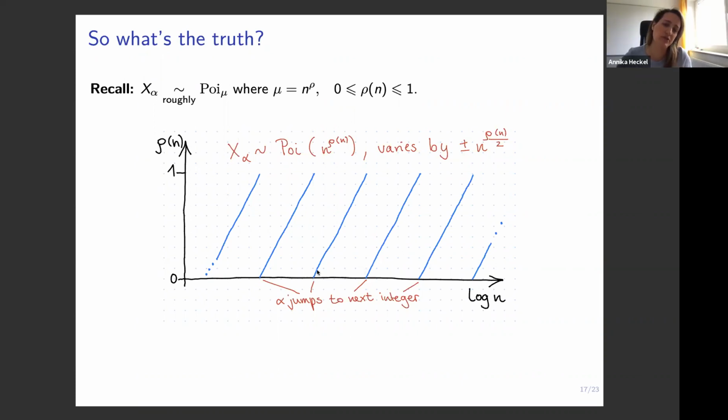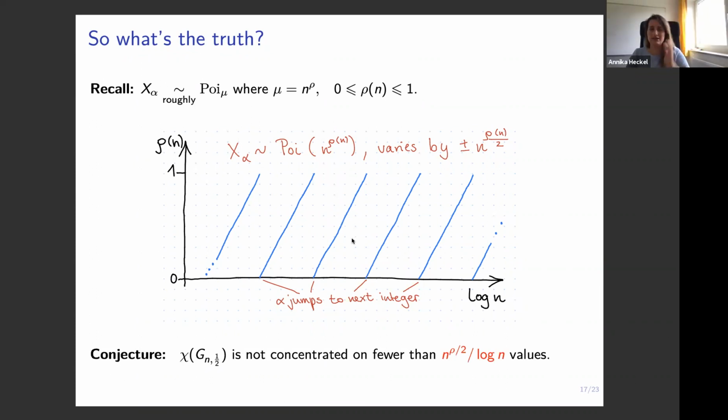If you stick with one vertex set size, this continues as a straight line up here. So the discontinuity comes from changing to the next integer. Okay, and so the expected number of alpha sets varies by plus or minus root of that, so between n to the 0 and n to the 1/2.